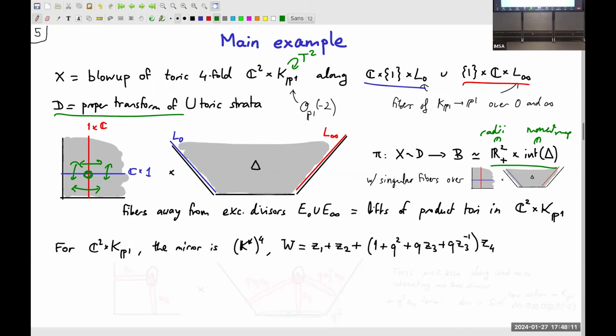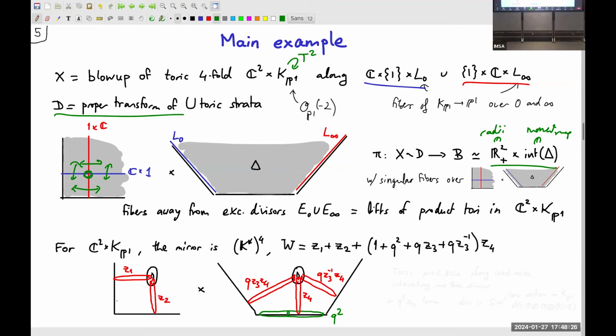And so let's start by talking about before we blow up. So there are well-known formulas for building mirrors of toric varieties. That goes back probably to Hori and Vafa first. And so what the formulas say is you're supposed to look at the fan, or if you want, like me, you're into polytopes, the normal vectors to the facets of the polytope.